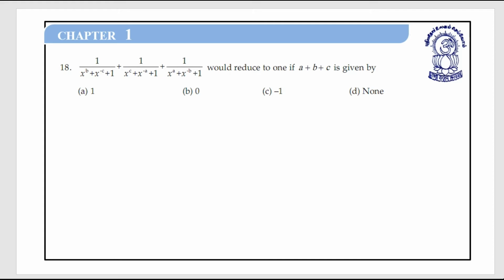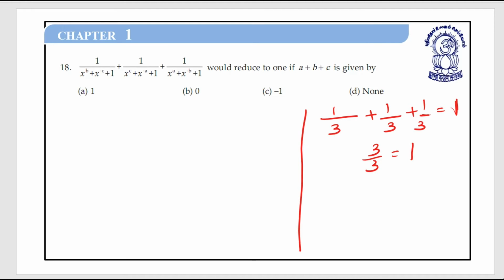So here, 1 upon plus 1 upon plus 1 upon, the total is 1. So here we can write 1 by 3 plus 1 by 3 plus 1 by 3 is equal to 1, or 3 by 3 is equal to 1.